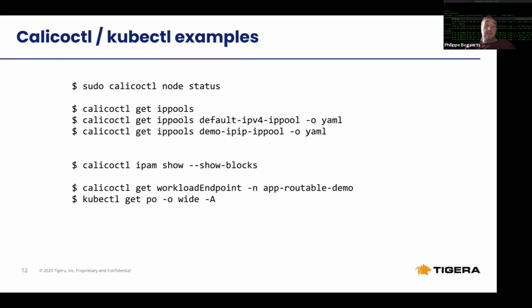Also a good idea, for sure, if you're playing around with the IP address ranges and so forth, and when you think about sizing your cluster, is to actually check how the IP address management is doing, because there are a few things to take into account.